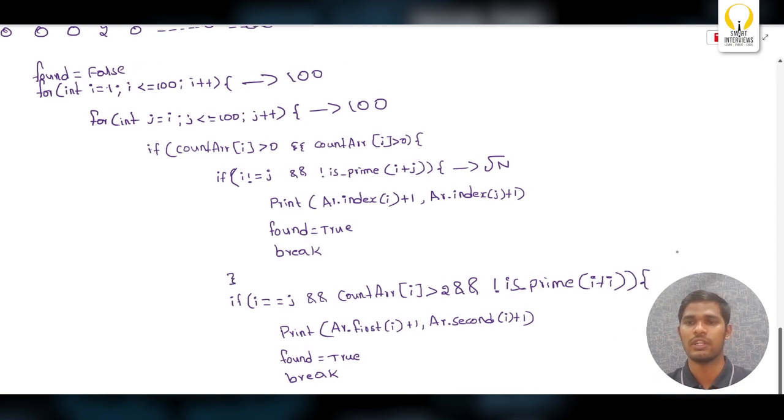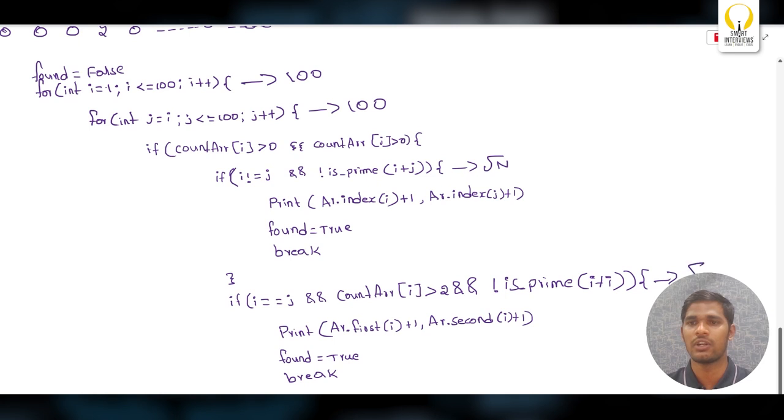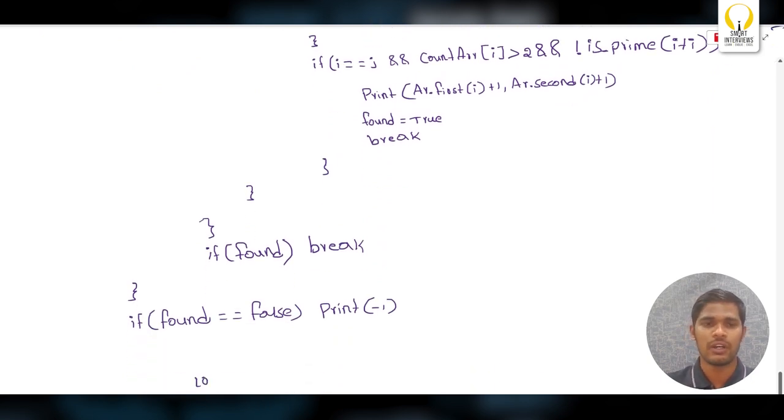Simple. So this function will take root n time. So overall, this sum will not exceed 200 at max, root 200. It can go up to 100 into under root 200 plus under root 200.